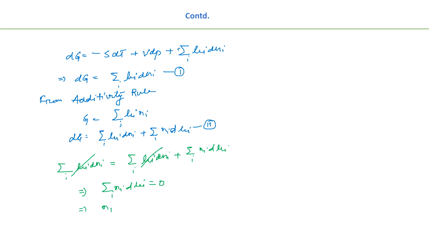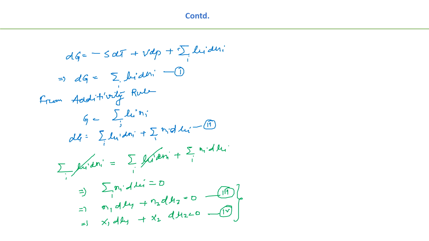For a binary solution, we can write n1 d mu1 plus n2 d mu2 equals 0. Dividing both sides by the total number of moles, n1 plus n2, we can write x1 d mu1 plus x2 d mu2 equals 0. So equation number 3 and equation number 4 are the two forms of the Gibbs-Duhem equation.